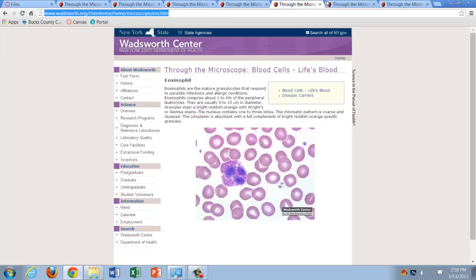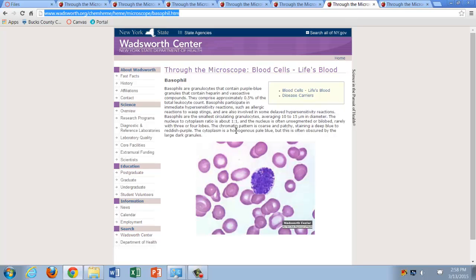Another cousin is what's called a basophil, and this is also a segmented neutrophil. The granules in this one are so very dark that you cannot see the nucleus. You cannot see the segmentation of the lobes. All you see are these very, very dark granules.